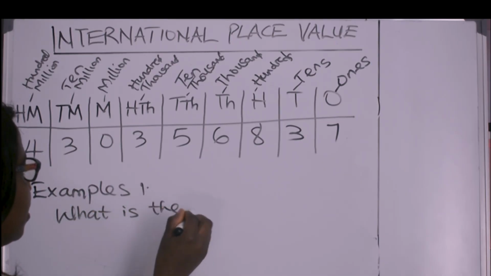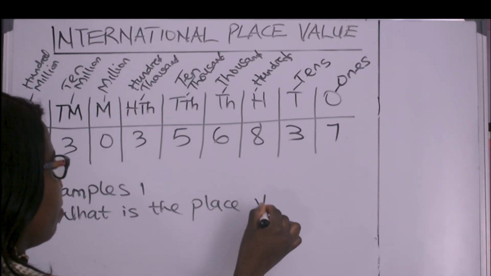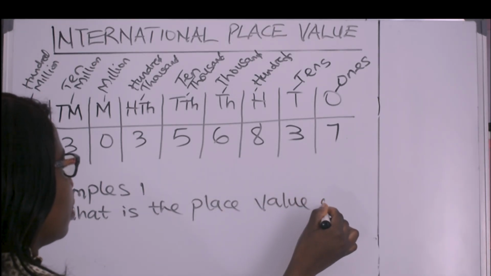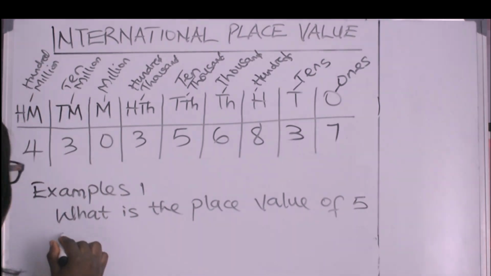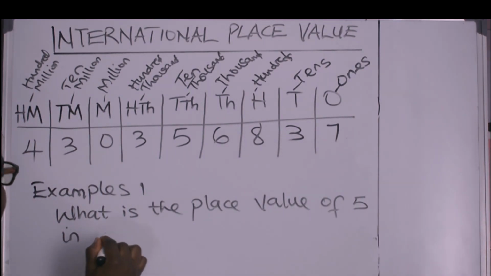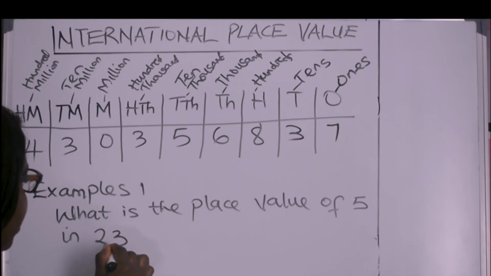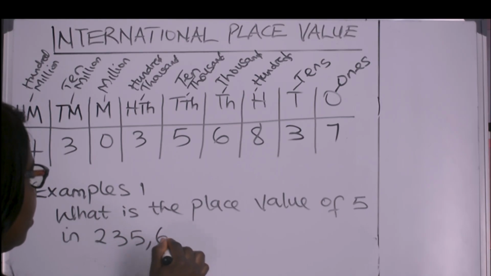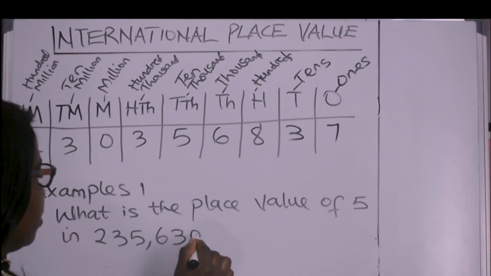What is the place value of 5 in 235,630?